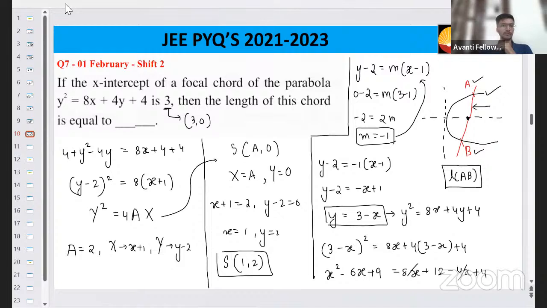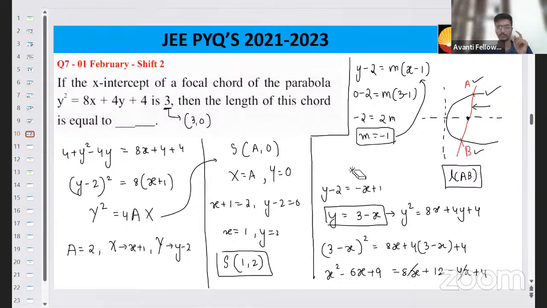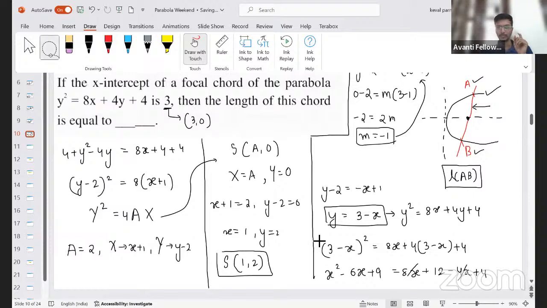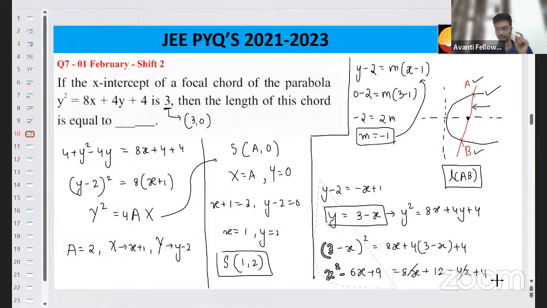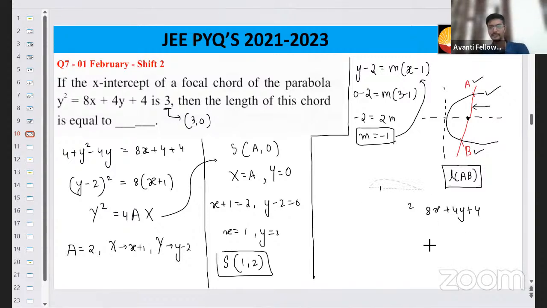I think we have a standard result, right? Just a second. We don't need this, we'll rub it out. I think we have a standard result.